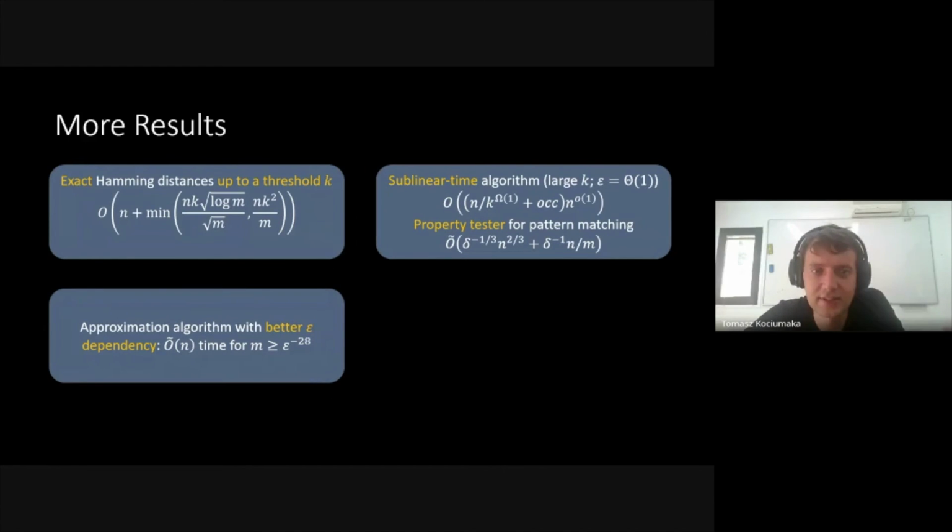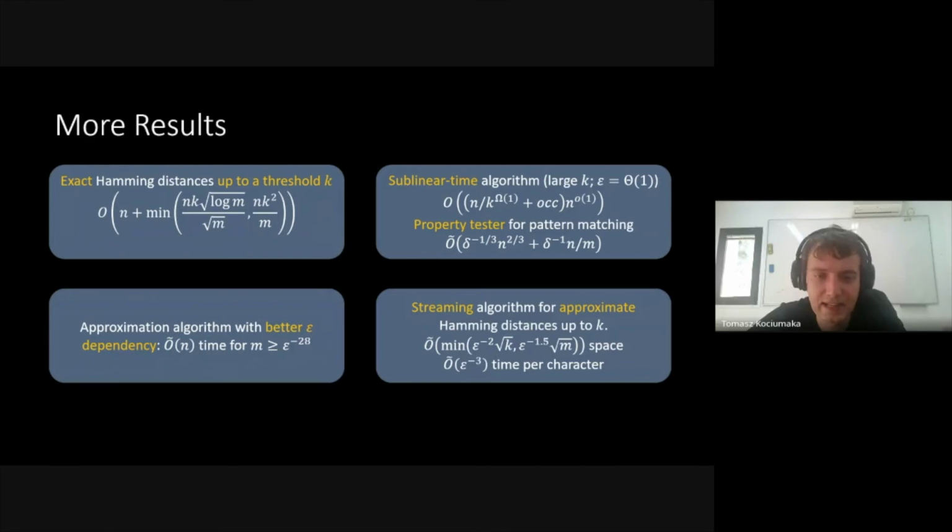And a particular consequence of the sublinear time algorithm is a property tester, which simply distinguishes between instances where the pattern has an exact occurrence and instances where the pattern doesn't even have an occurrence with Hamming distance delta times m. So this is an additive error of delta times m, essentially, and only to the exact case. But this was an open problem in some of the previous work, so in particular, we managed to answer this open problem.